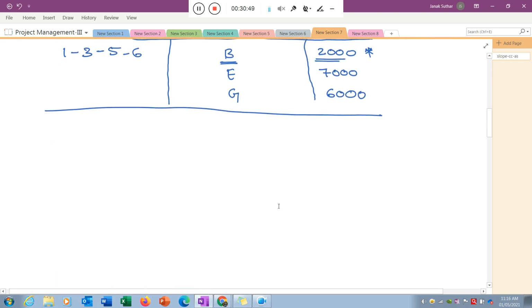So I just write down here the activity B with the cost of 2000 per week.